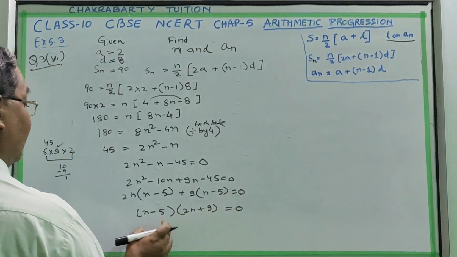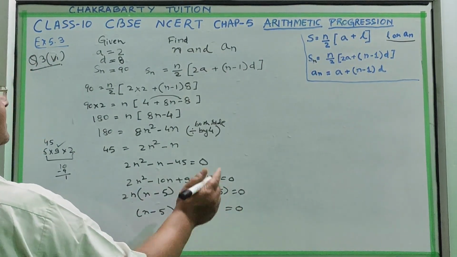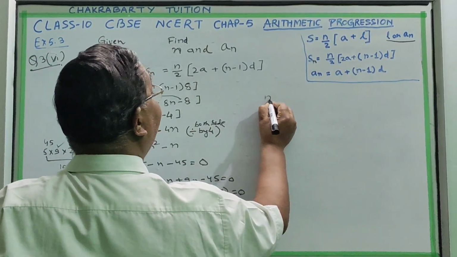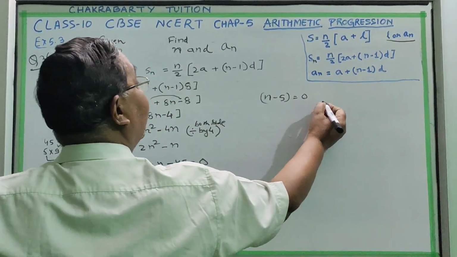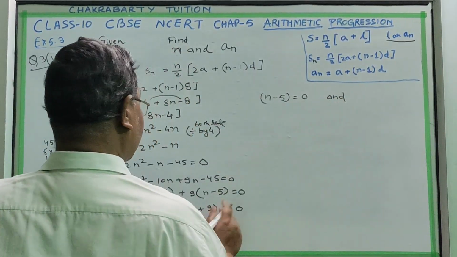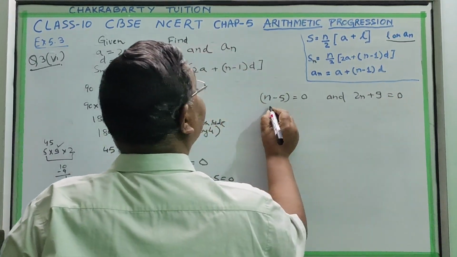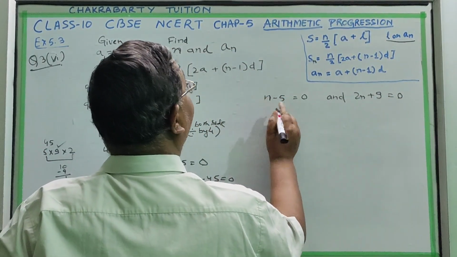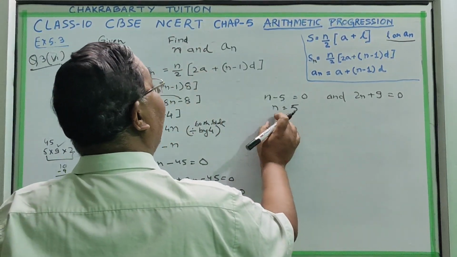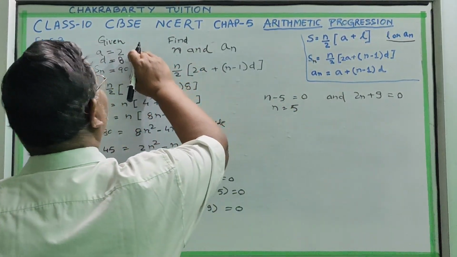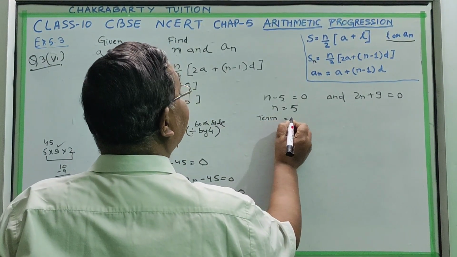So when this product is 0, it means n minus 5 is 0, and also 2n plus 9 is 0. Now we will solve for n. So n minus 5 equal to 0, and 2n plus 9 equal to 0. Here n equal to plus 5. It is a positive integer, so n is possible, because n means the term number, and a term can be positive.